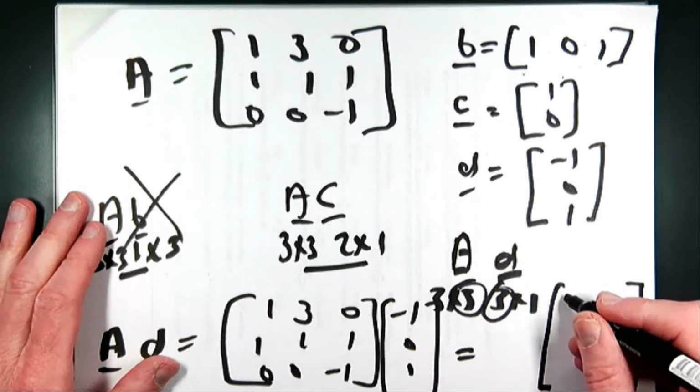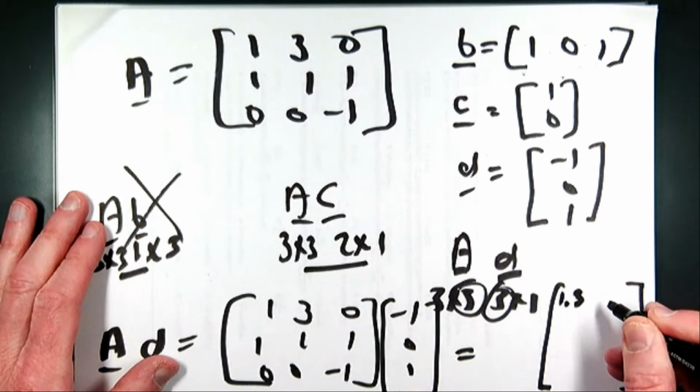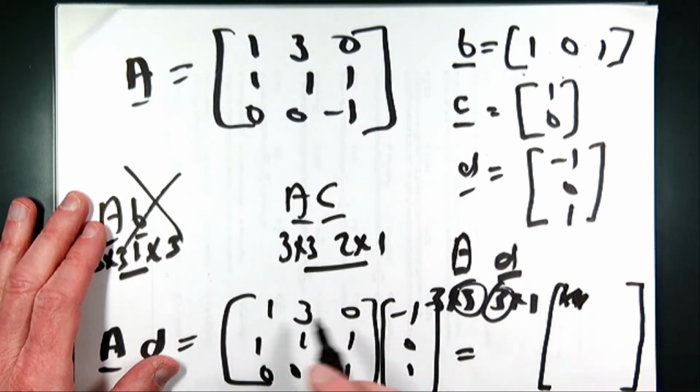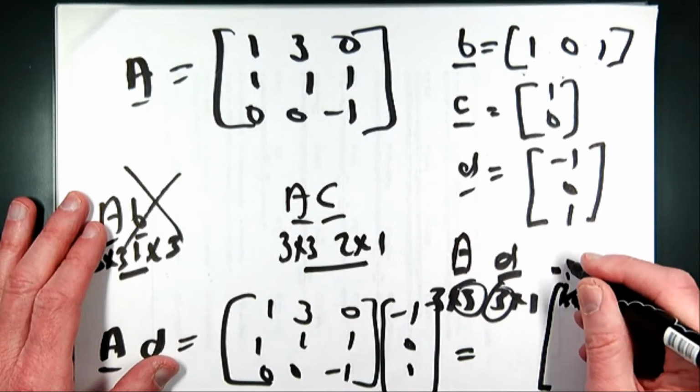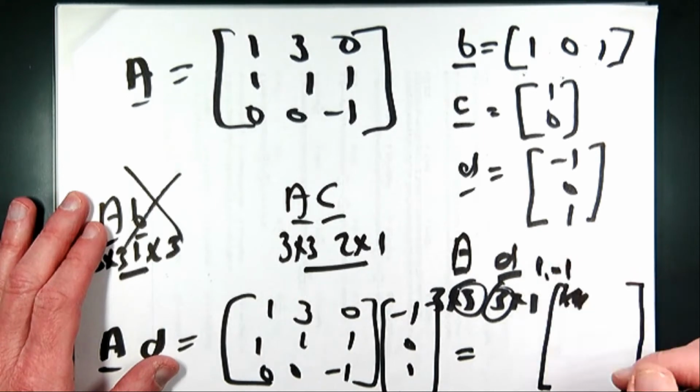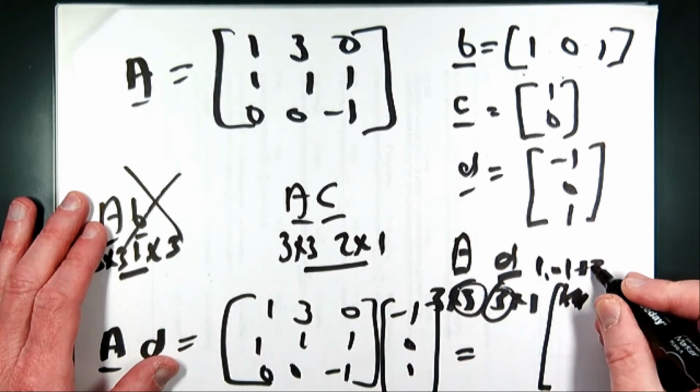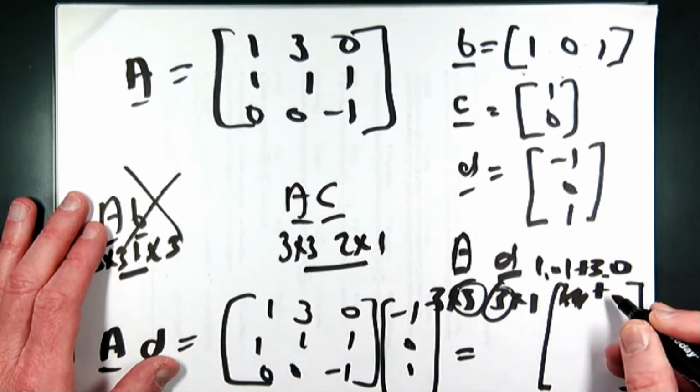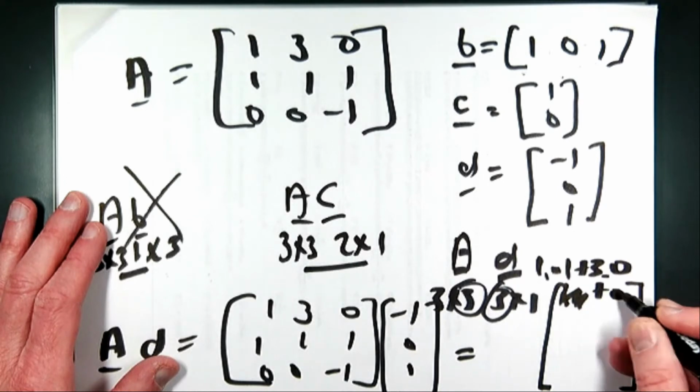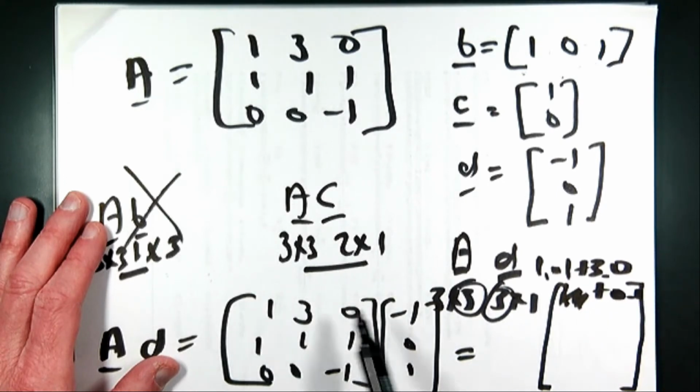Okay, so you get 1 by minus 1 plus 3 by 0 plus 0 by 1.